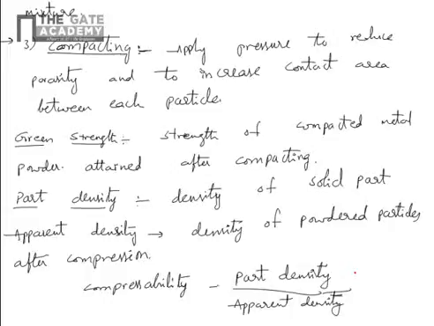Apparent density is always less than the part density, so the compressibility value is always greater than 1.